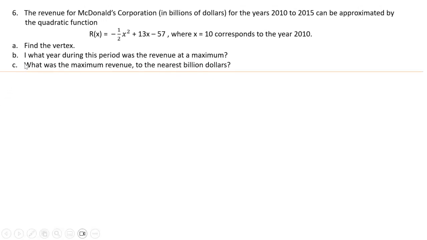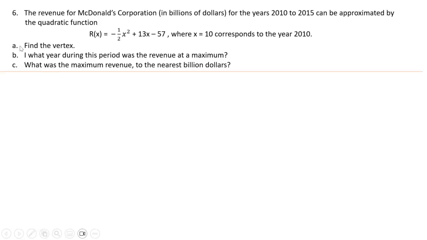There are 3 parts. The first part, find the vertex. The second part: in what year during this period was the revenue at a maximum? And part C, what was the maximum revenue to the nearest $1 billion?